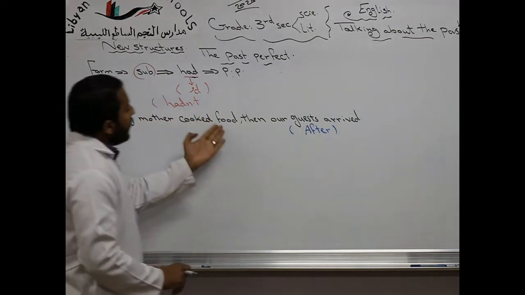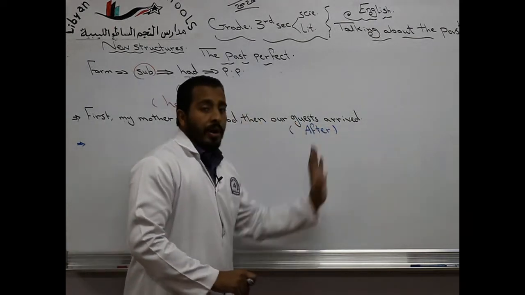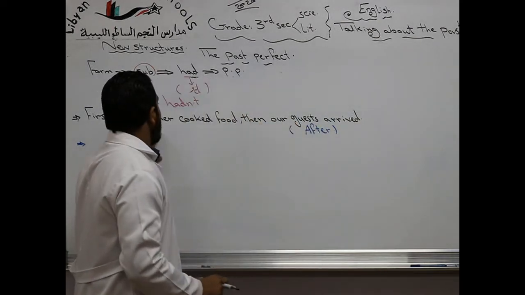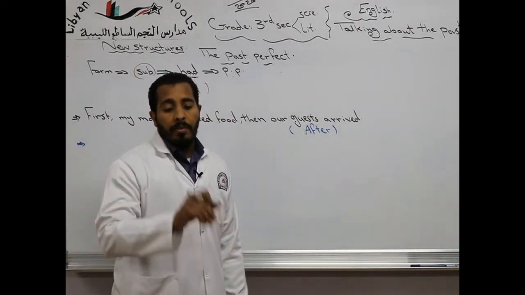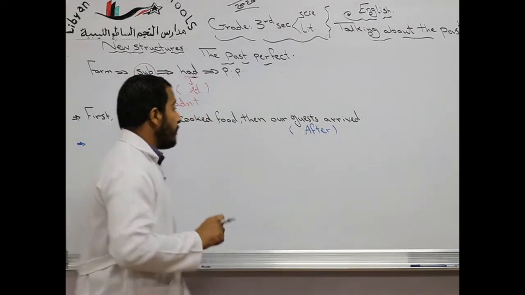First, my mother cooked food, then our guests arrived. These two actions are in the past simple. I want to use after. As we agreed before, after must be followed by past perfect.